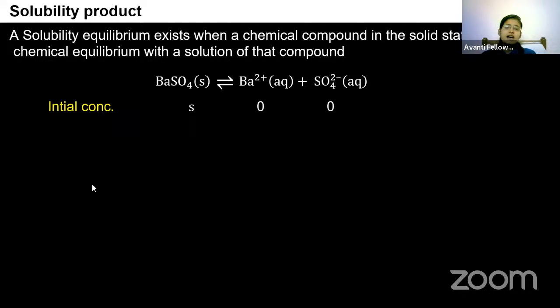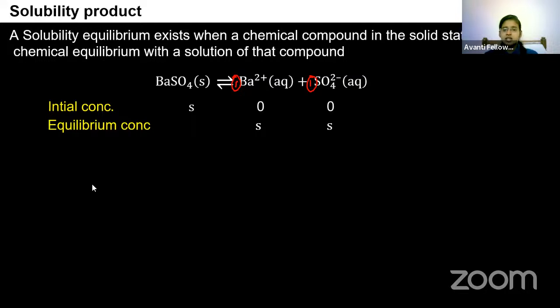After some time, they will form the product, and once they reach equilibrium, they will have some concentration. So the equilibrium concentration is S for Ba2+ and S for SO4 2-, because we are getting only 1 cation and 1 anion.